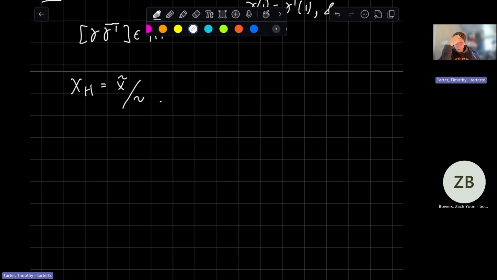So any 2 points in basic neighborhoods are identified in XH, and they identify their entire neighborhood.